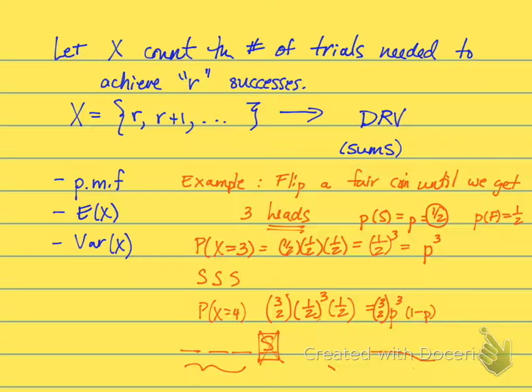All right, let's do that again. We'll go to the next page, x equals 5. Okay? What does that mean? It means it takes 5 trials in order to get 3 successes. What do we know? We know the last success is in the last trial. The other 2 successes can be anywhere in the preceding 4.